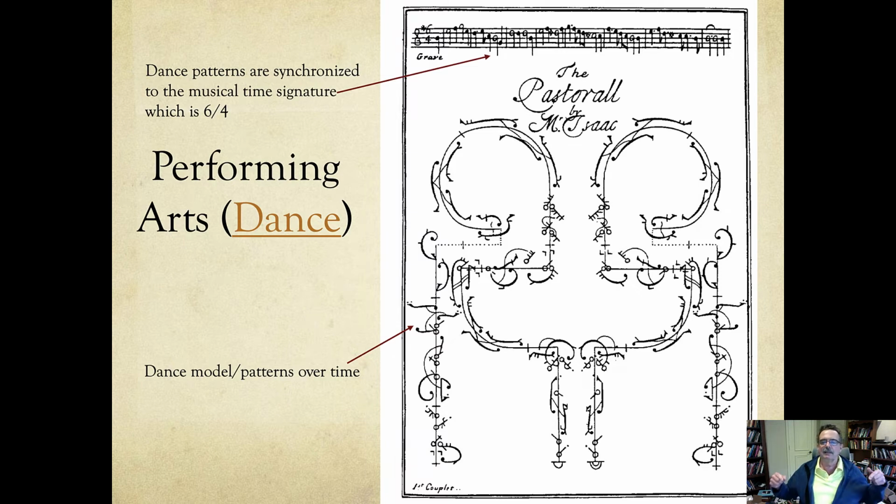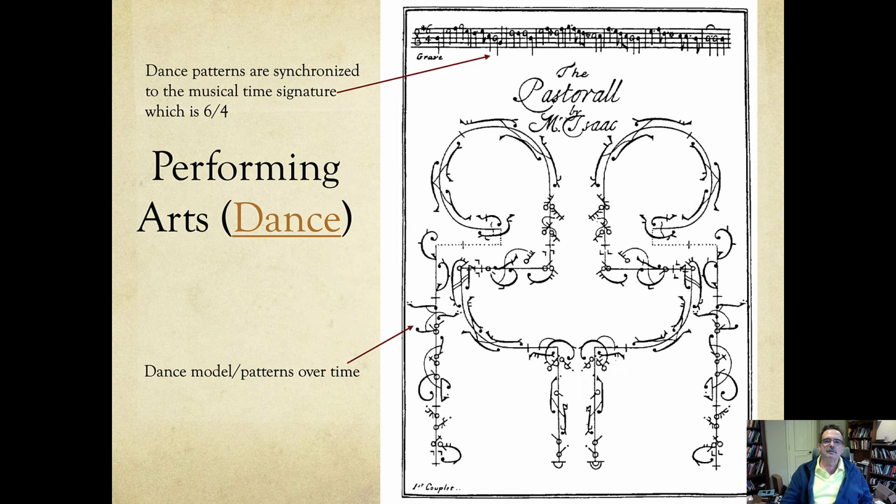But basically this models the path of the dancers, but not just the path over time, but what physical position they were in over time. Okay, and so to get into this detail, you would have to find a dictionary or some sort of modeling language guide that allowed you to understand this diagram of a couple of dancers.